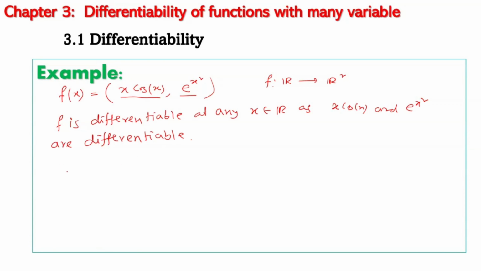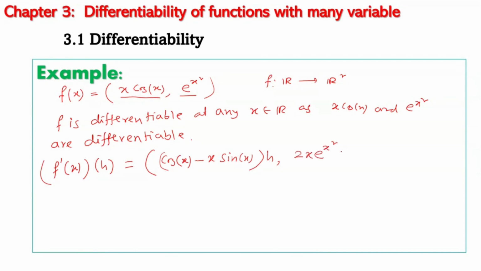And f dash x operating on h is equal to the derivative of the first component, which is cosine x minus x sine x, multiplied by h, and 2x e to the power x square.